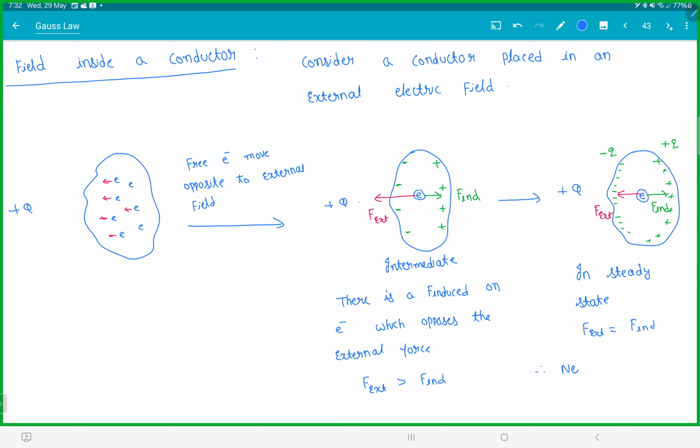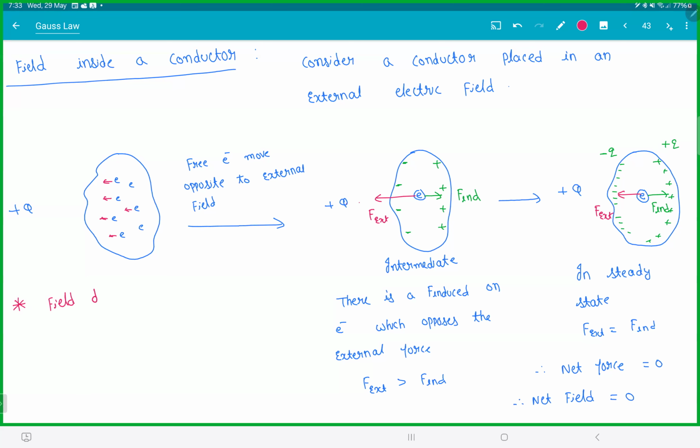Therefore, the net force on the electron is zero. Therefore, if force is zero, the net field is zero. You're getting it?